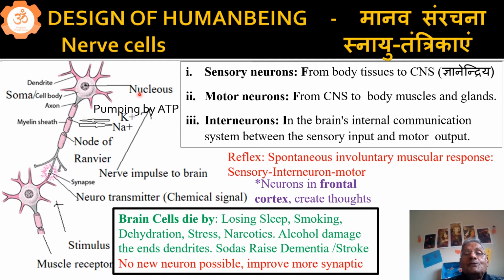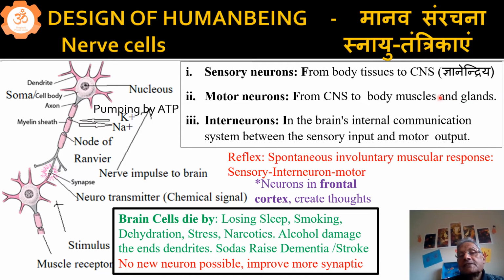So we have sensory neurons, motor neurons, and interneurons. What are sensory neurons? They carry signals from body tissue to the central nervous system, as you can say, sometimes as a Jnanendriya. Whatever instructions our brain gives to the different body organs are passed on through motor neurons, that is, from the central nervous system to body muscles and glands.